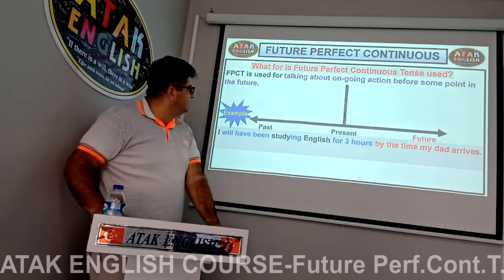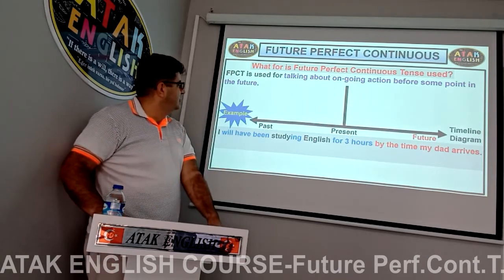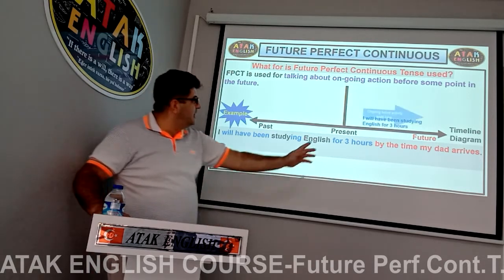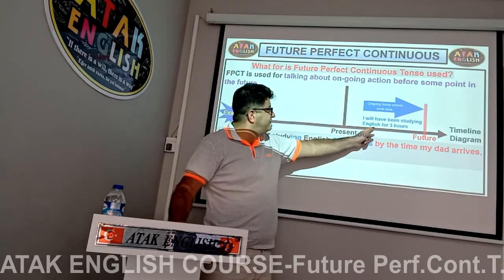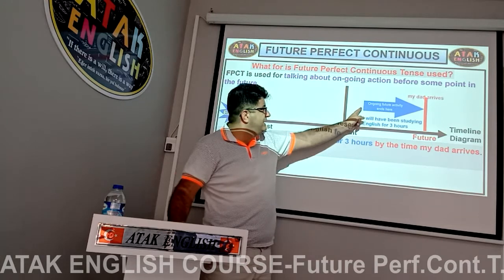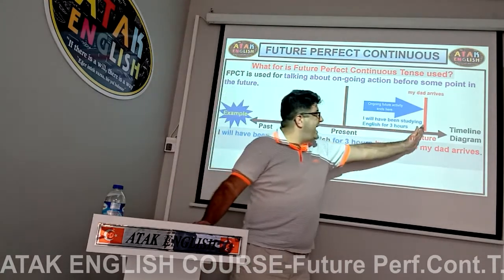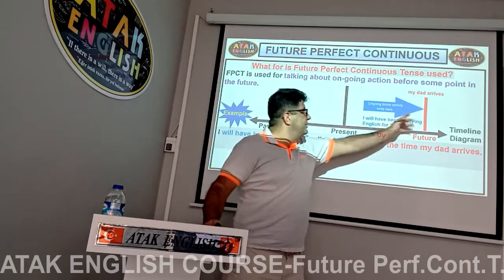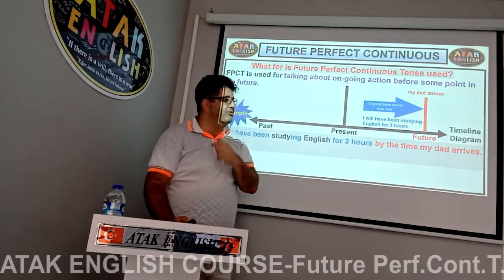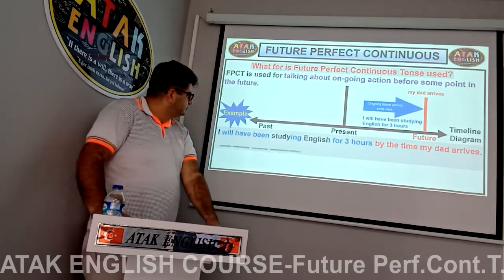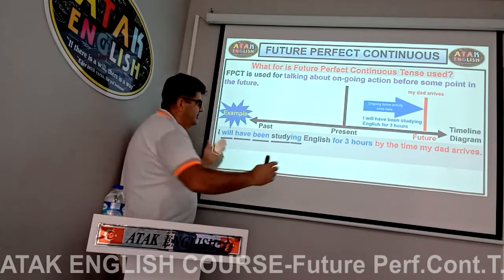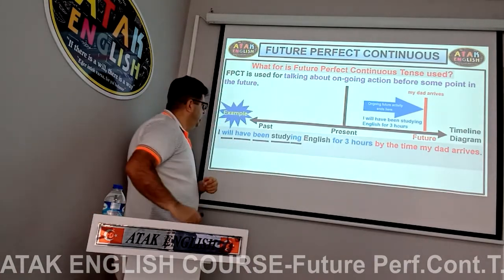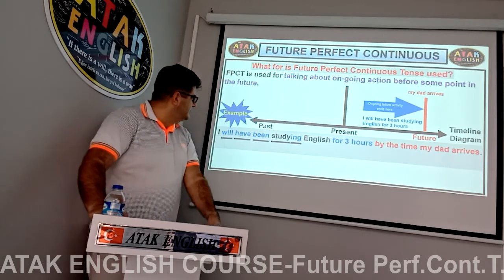Let's see it on the timeline diagram. I will have been studying English for 3 hours. That's an ongoing activity. By the time my dad arrives. How can I understand that this is future perfect continuous?